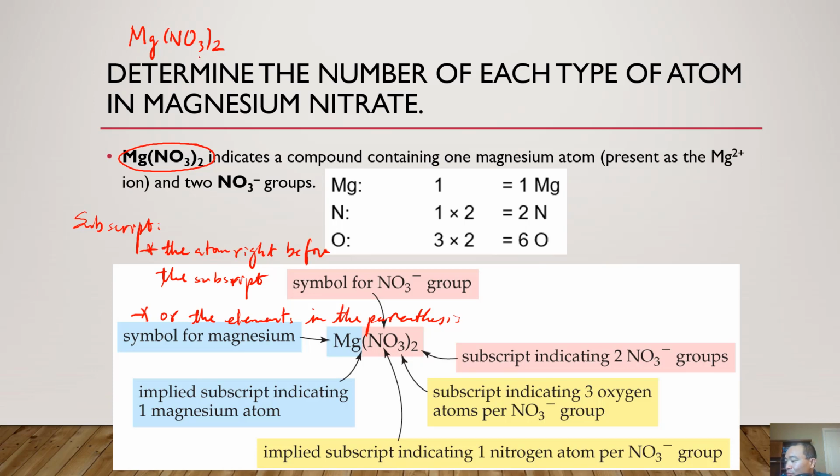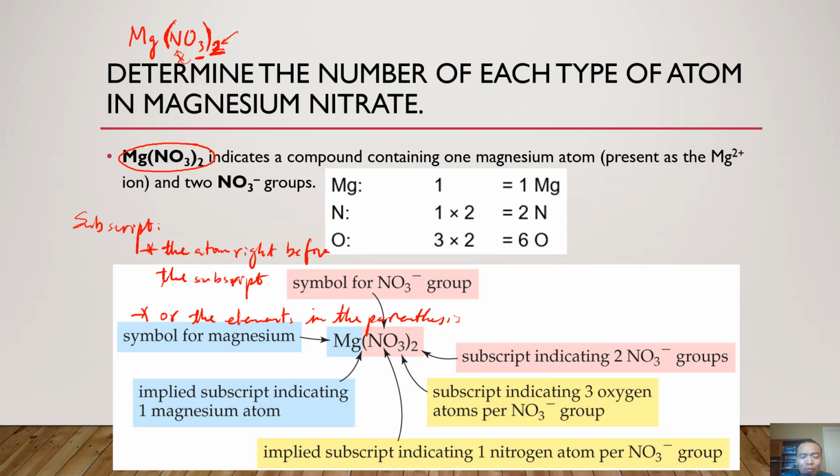So this 3 can only refer to 3 oxygen. It cannot be extended to nitrogen. However, this subscript 2 can be extended to nitrogen because nitrogen is also inside the parentheses.